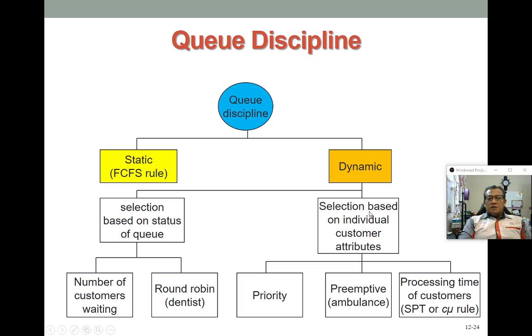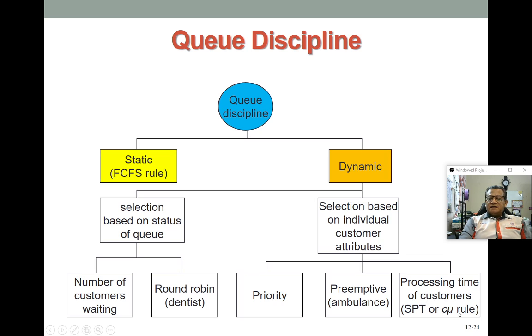Or it could be dynamic, with selection based on individual customer attributes, like based on priority, right? For example, elderly first, pregnant lady first to board the flight. Preemptive, like an ambulance, which is given special right of way in order to arrive at the hospital as soon as possible.